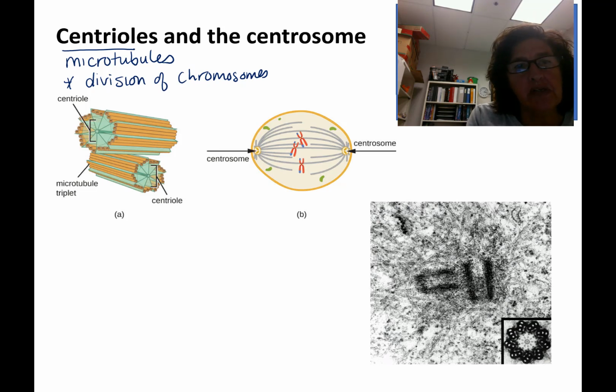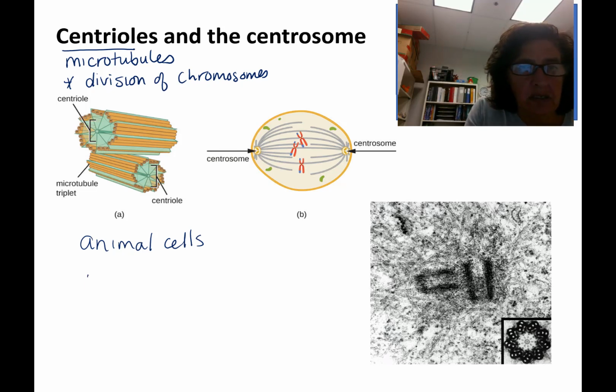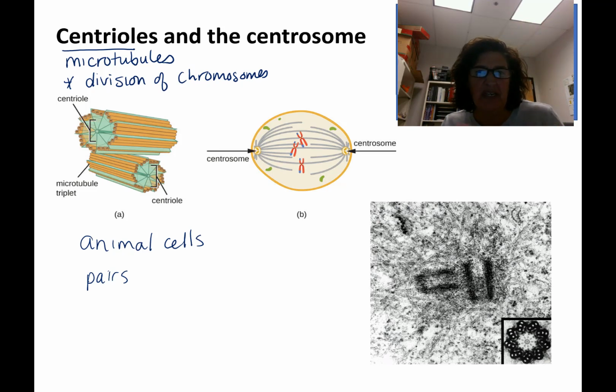So each of these rods is a microtubule that comes together to make that centriole. These are only found in animal cells. And they're always found in pairs. And they can actually replicate and divide.